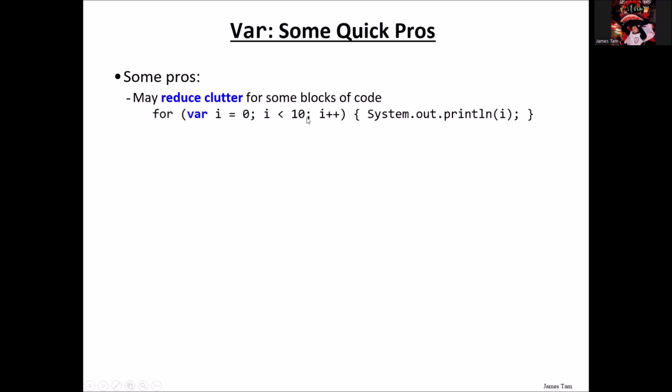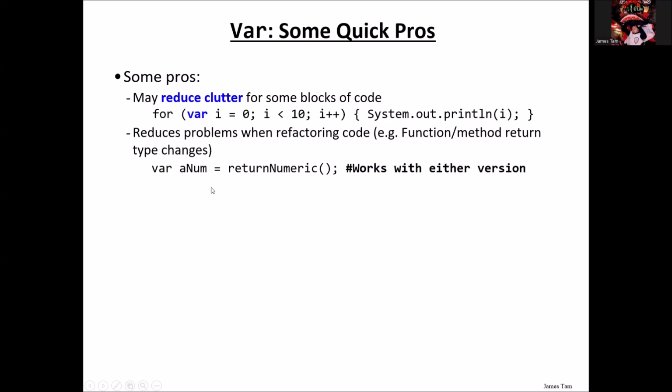The nice thing about it, as an aside, is that for loops in languages other than Python are very explicit. Set it to this value. Here's the stopping condition. It excludes 10, although you could also put other expressions. And the reducing clutter is that normally we'd have to specify the type here, and we don't. That's where I kind of debate whether it really reduces clutter, but I put it in for the sake of fairness and balance.